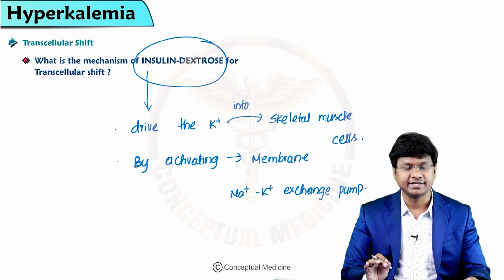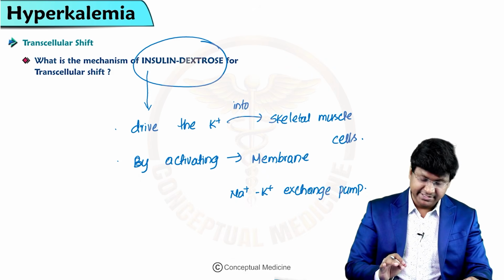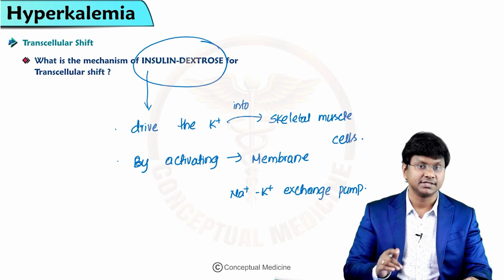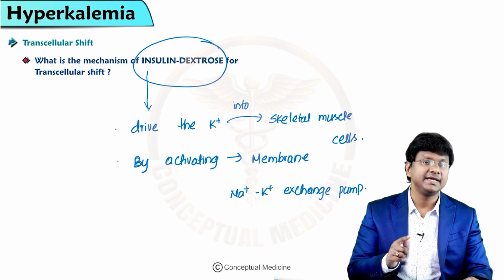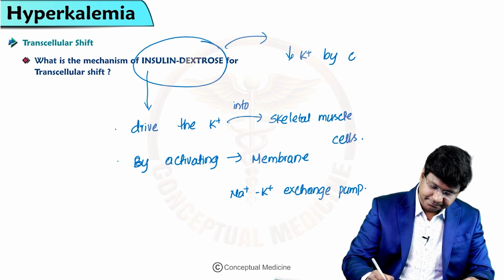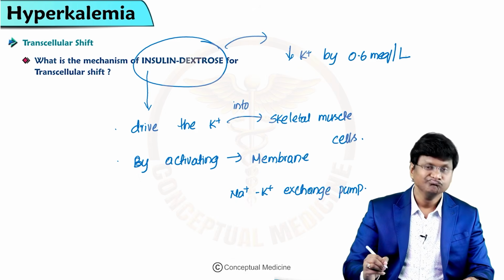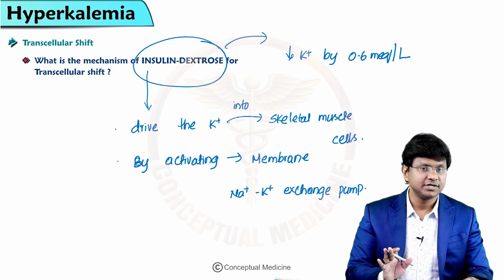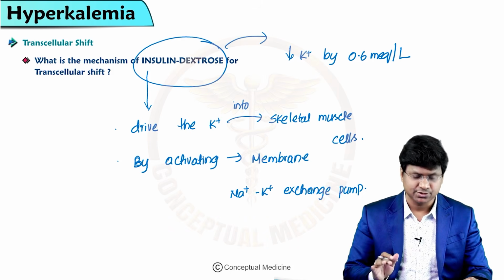So that is about the insulin dextrose. This insulin dextrose regimen will decrease the serum potassium by at least 0.6 milliequivalents per liter. That is the effect of the insulin dextrose.